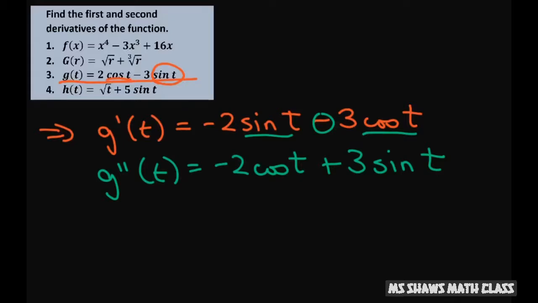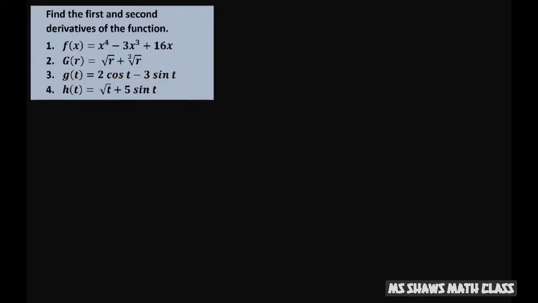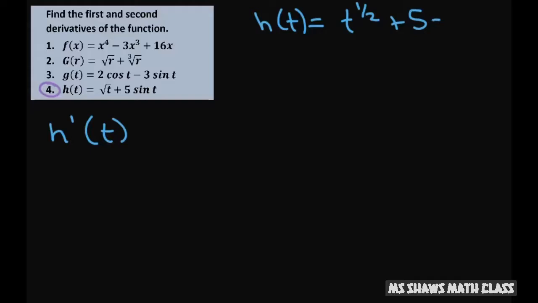And for the last one, we have h of t. If you want, you can rewrite this as h of t equals t to the 1/2 power plus 5 sine of t.